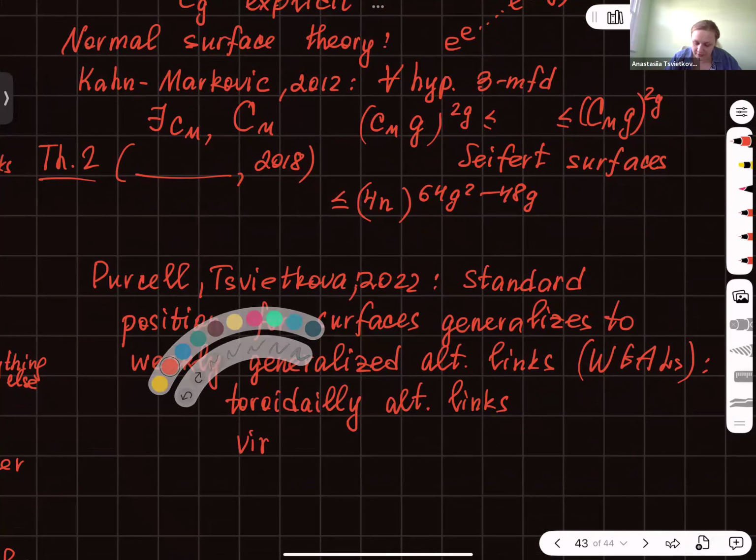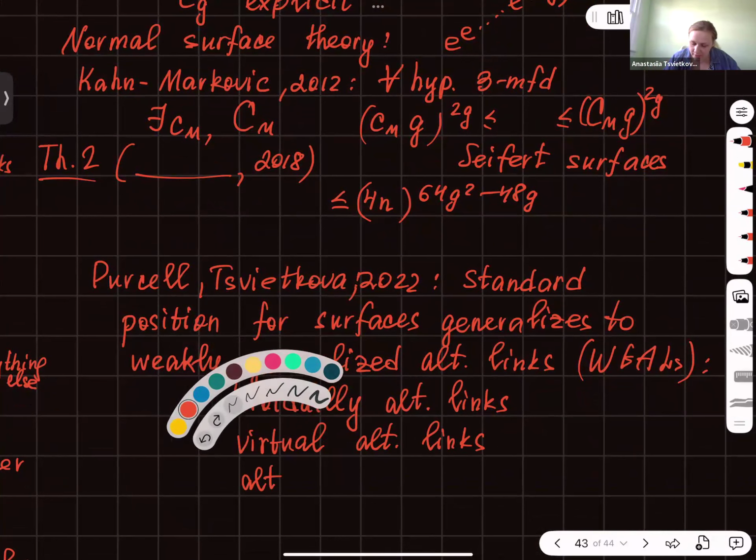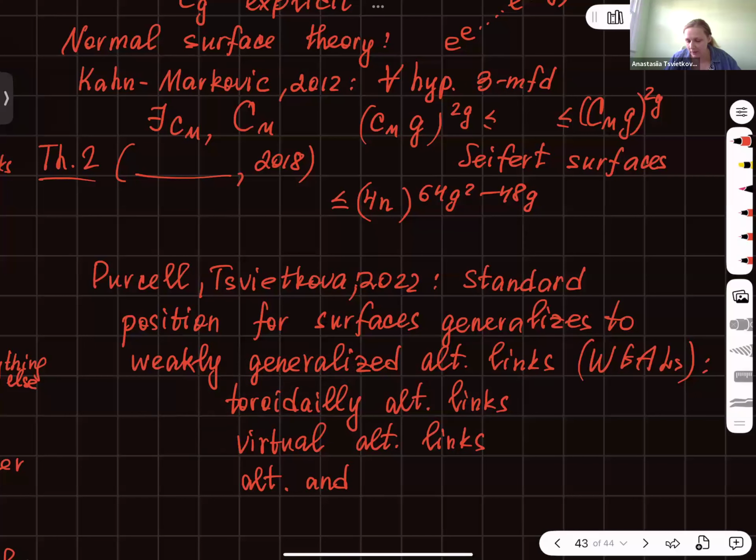Virtual alternating links are there. Some other links, you can take alternating links in three-sphere, but you can also take many non-alternating links in three-sphere, and they also will be in this family, because now you will be allowed to project not just on a two-sphere, but on pretty much any embedded surface.